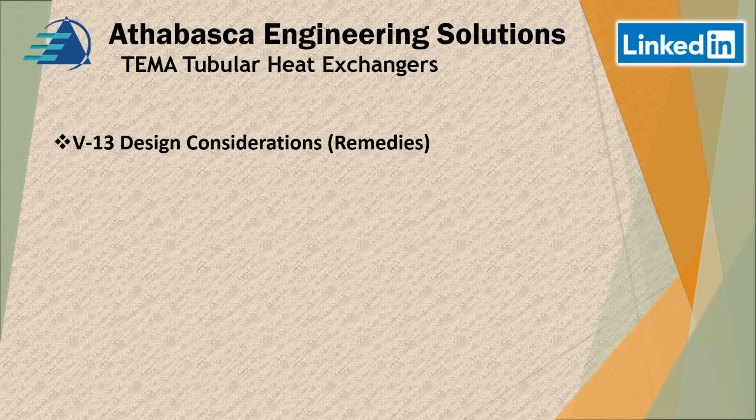Let's look at some design considerations or remedies to avoid that. TEMA has a lot of good advice. They say the larger your diameter, the fewer problems you have with resonance and vibration, because the inertia is higher.